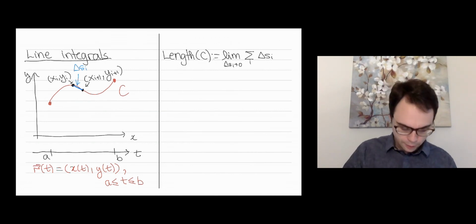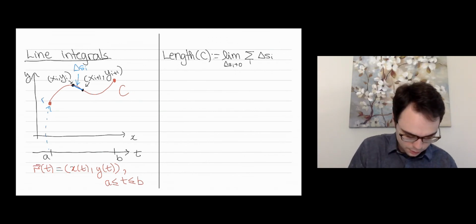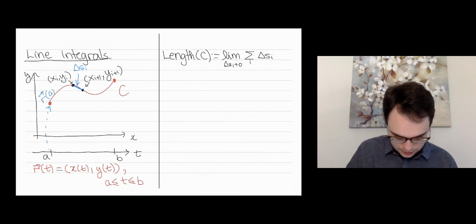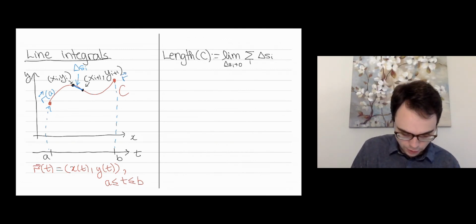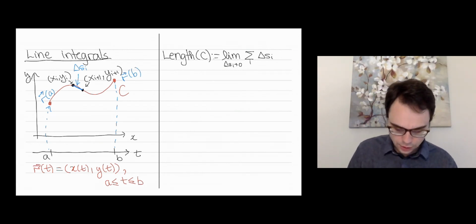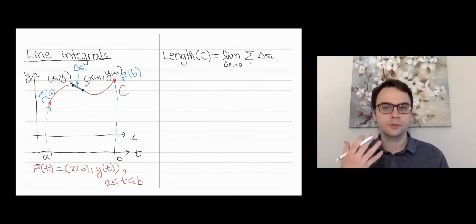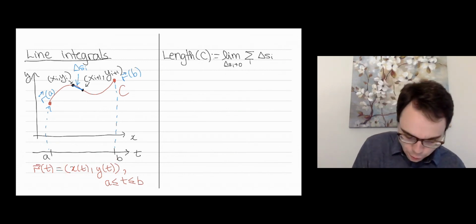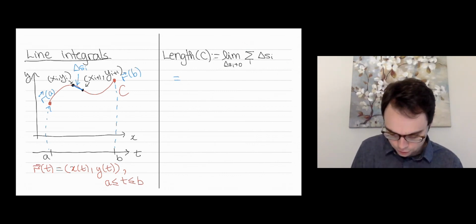The parameterization gives me points in the curve. So a corresponds to this point over here, R of a, and if I plug b in, I get the other endpoint, R of b. So if I have x and y on this curve in terms of a single parameter t, I can compute the length of the curve as an integral.